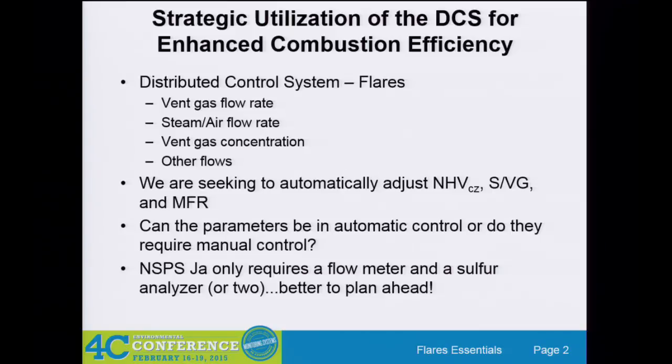Another possibility would be to take it and feed it to the PI. Usually the PI is after the fact, that's the historian. Yeah, it's the data historian, but instead of feeding it to the DCS, you feed it to the PI, and then you get in there and analyze it.